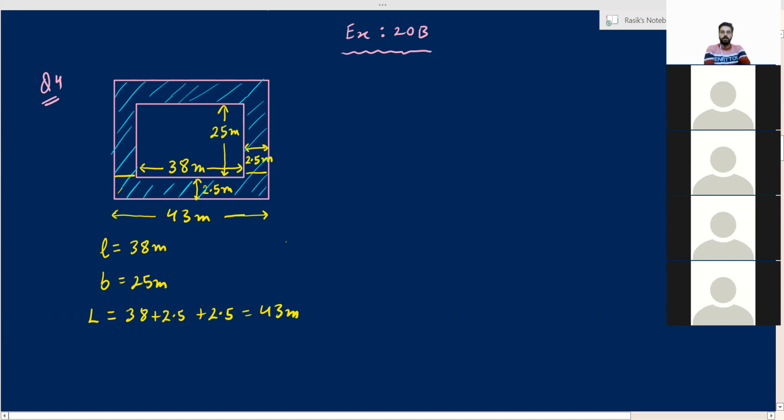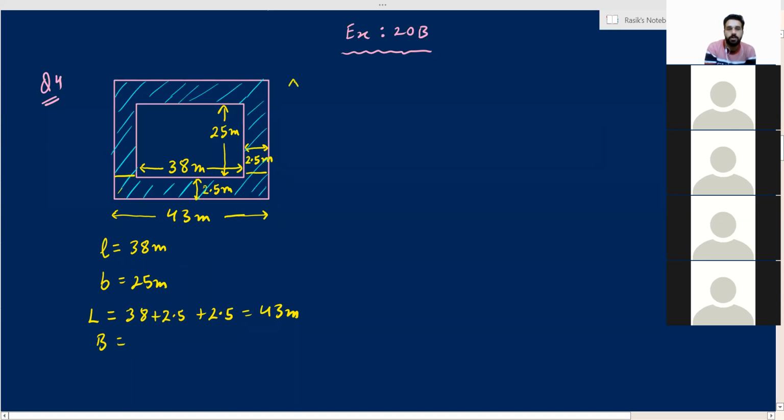Everyone, is this clear or not? Yes, sir, clear. In the previous question, we were subtracting the width of the path from both the sides. In this question, we are adding the width of the path from both the sides. Is it clear? Yes. Very good. Similarly, we can find the breadth also.